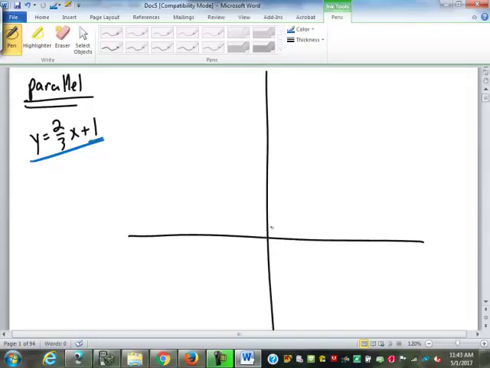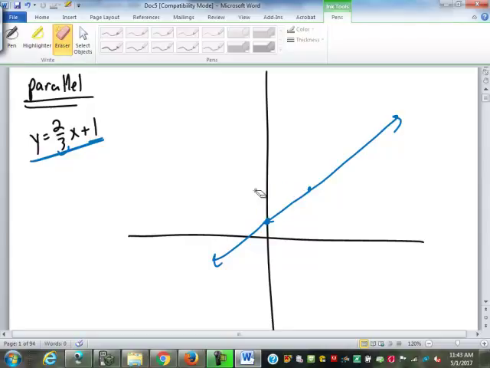The y-intercept's positive 1, right? So we got positive 1. From that point, our slope tells us what to do. The slope is the number that multiplies x, the 2/3. So that's telling us that from that point, we go up 2 over 3. And there's our line.